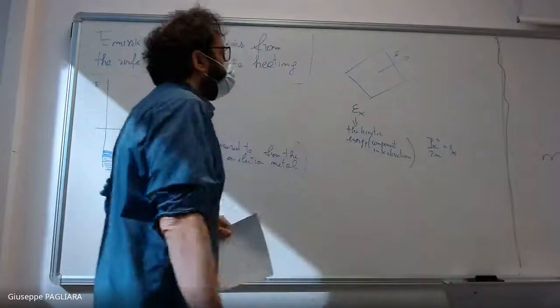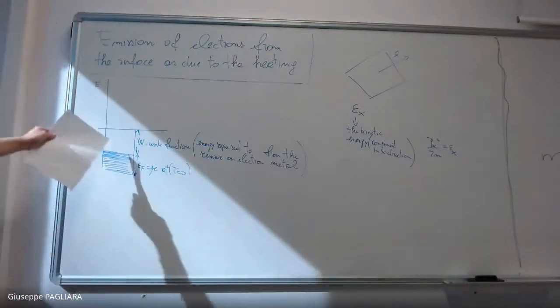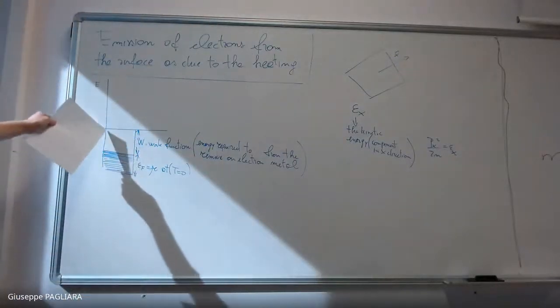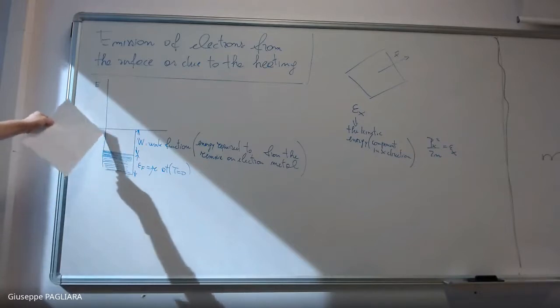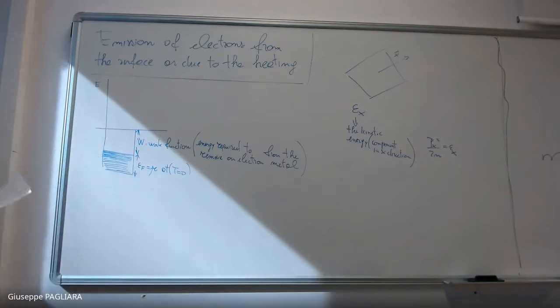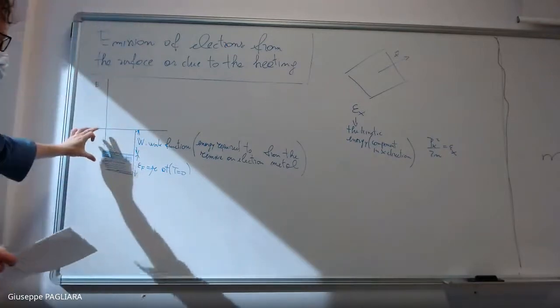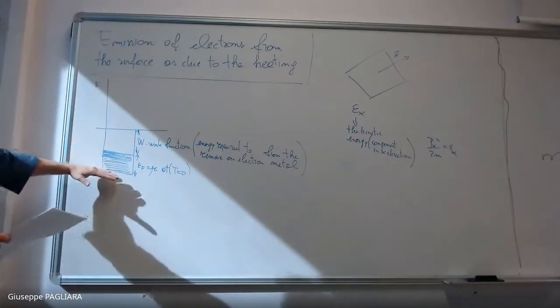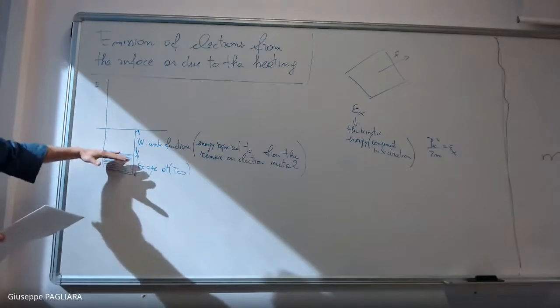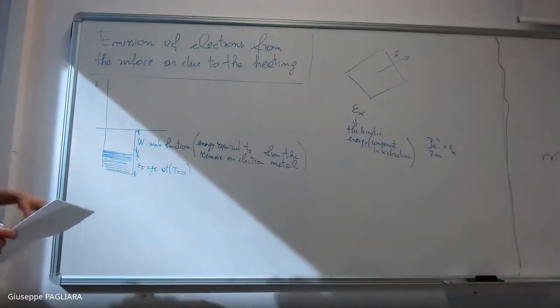And we want this energy to be larger than this jump, which is EF plus W, where we are considering the possibility of removing electrons also from below the Fermi surface.